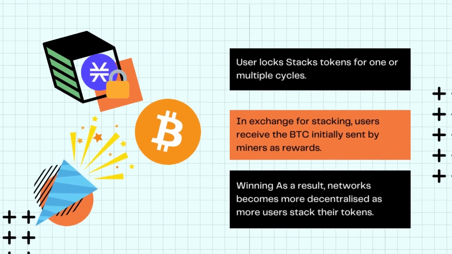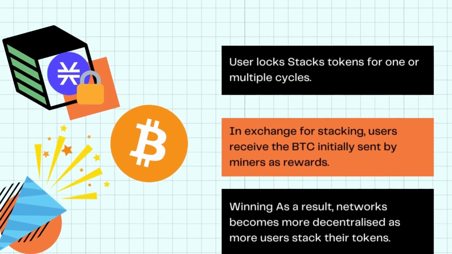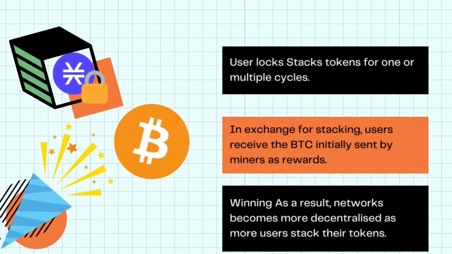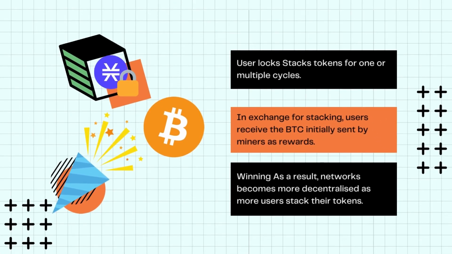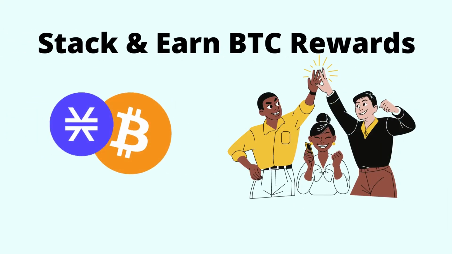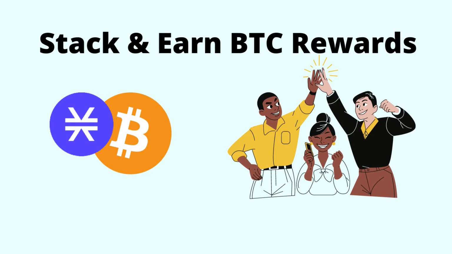That is because the Bitcoin that was sent earlier by the miners is given out as rewards to the people who stack their Stacks tokens. This is a very genius way for the Stacks protocol to incentivize more and more users to stack their tokens, to participate in the decentralization of the network and to earn Bitcoin rewards on the side. So this is how the whole proof of transfer consensus mechanism works.